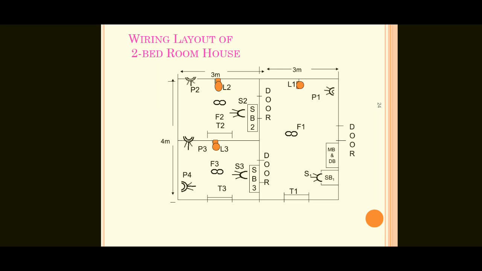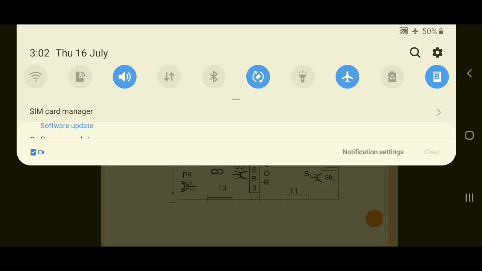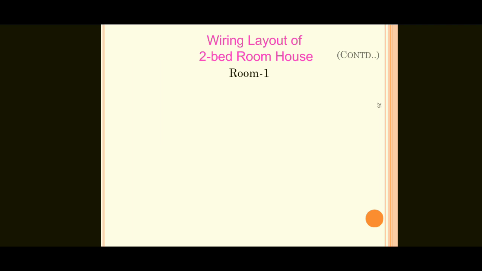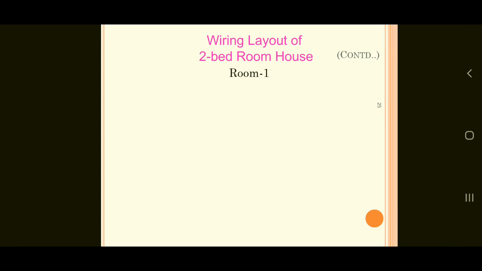Now this is the 2-bedroom house. Now this is the wiring layout of a 2-bedroom house.